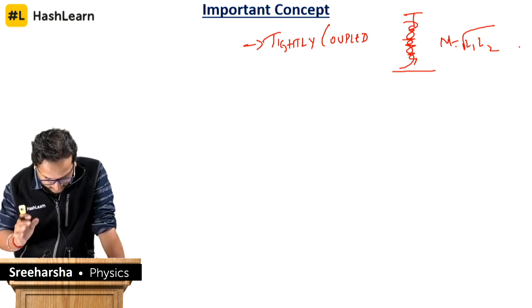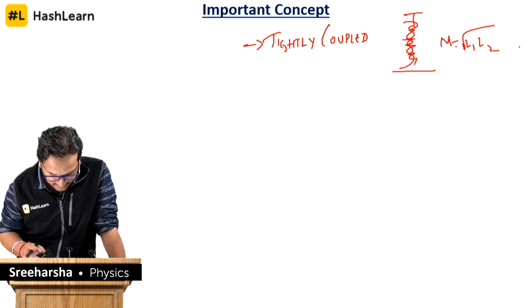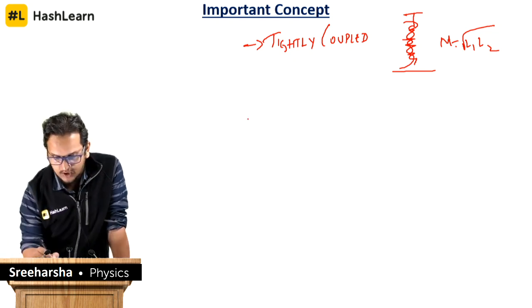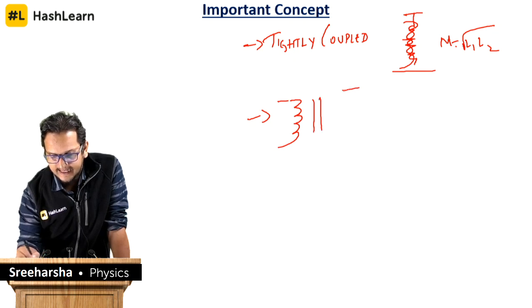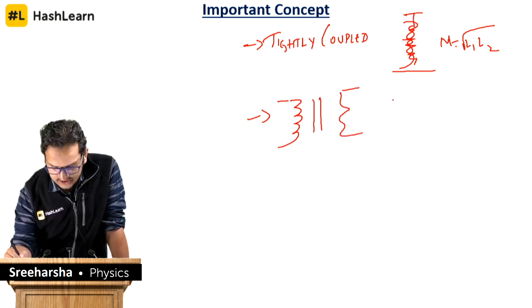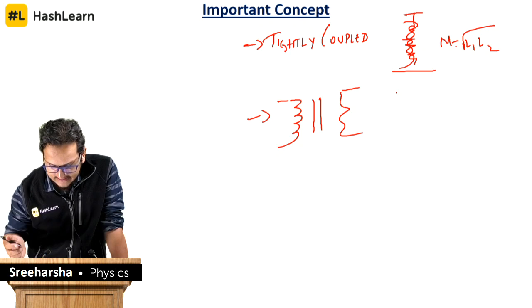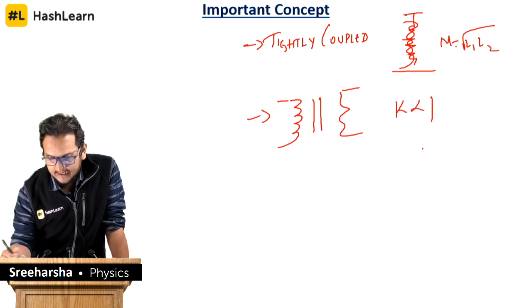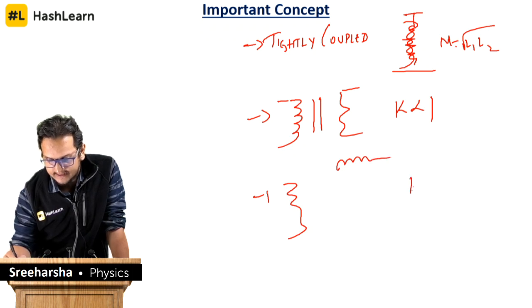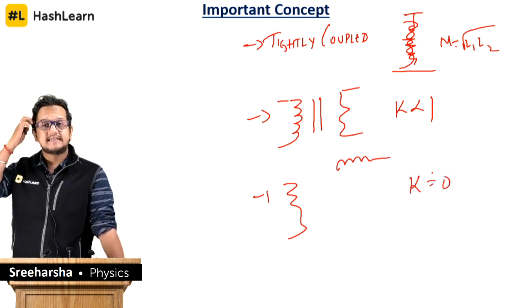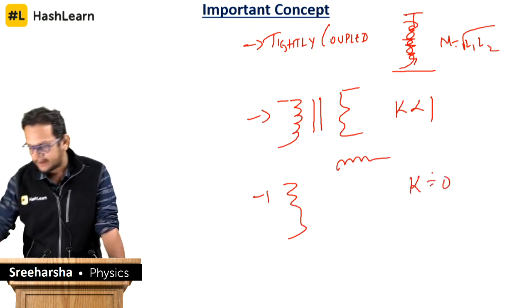That is the first condition. Then this is called loosely coupled, one coil and the other coil. Here the coupling constant is less than 1. And if one coil is like this and the other coil is like this, then the coupling constant is 0. So this has to be remembered.